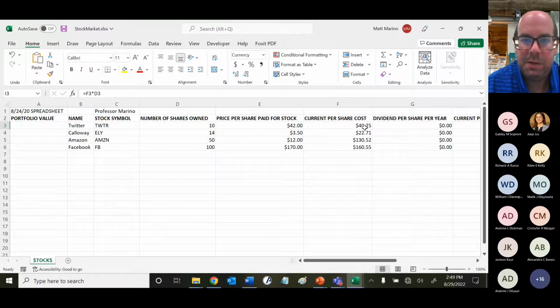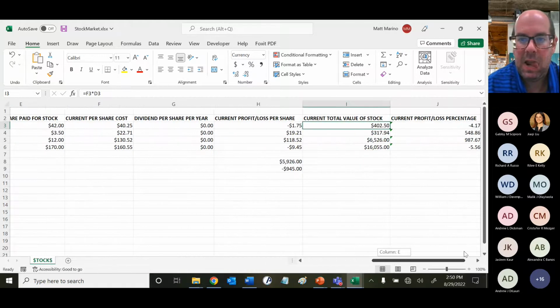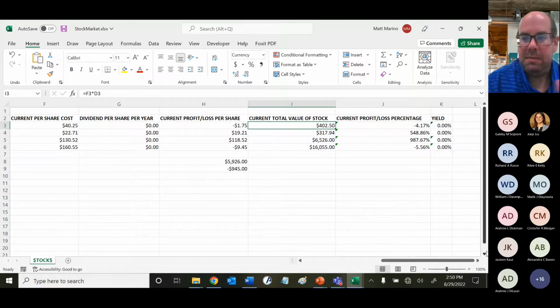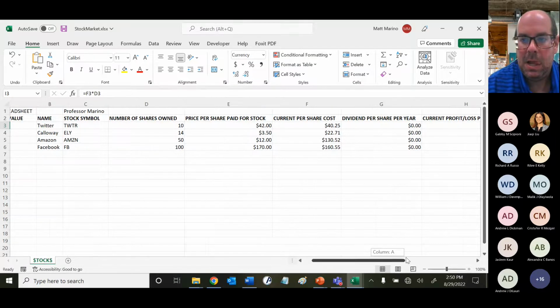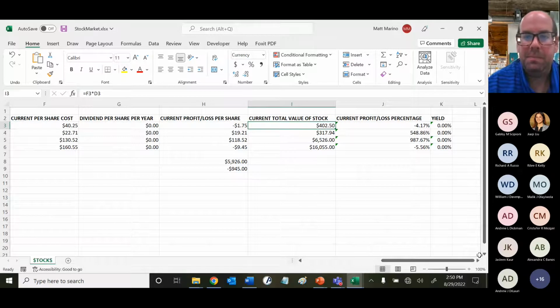So it's 4025 times 10, 2271 times 14, 130.52 times 50, 160.55 times 100. So all of these numbers will change based on your examples. So say you choose stocks you know of, you may choose higher amounts of shares, which will change all of those.